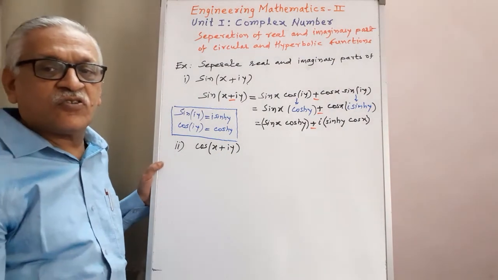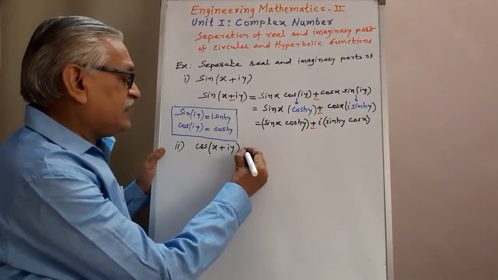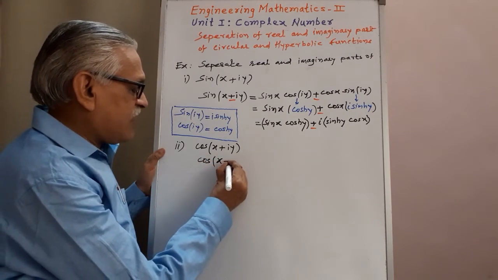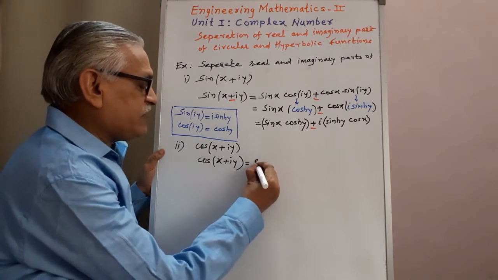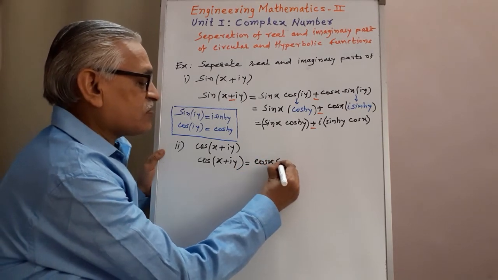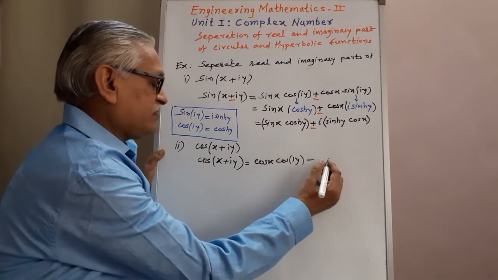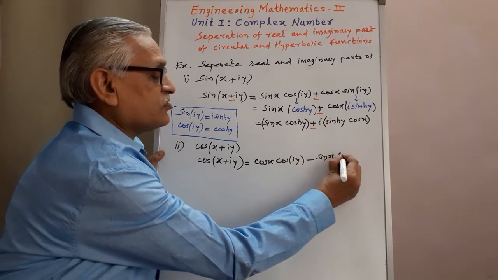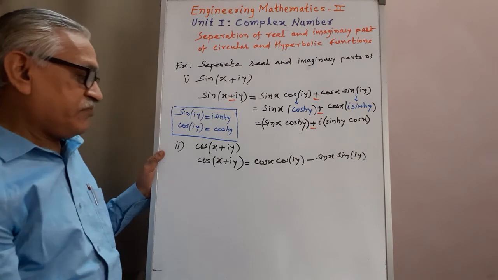Its expansion is cos a cos b minus sin a sin b, and as per that cos of x plus iy I can rewrite as cos x cos of iy minus sin x into sin of iy.